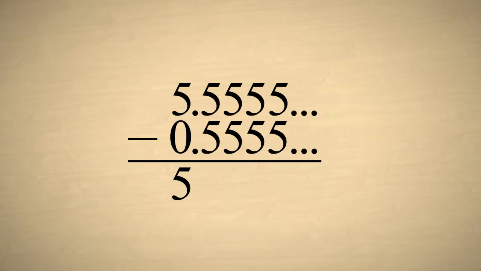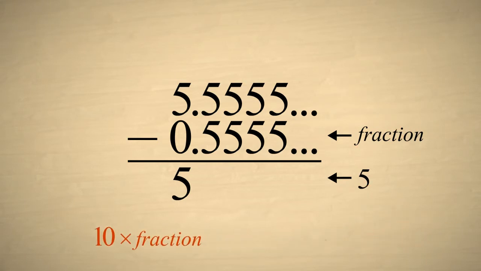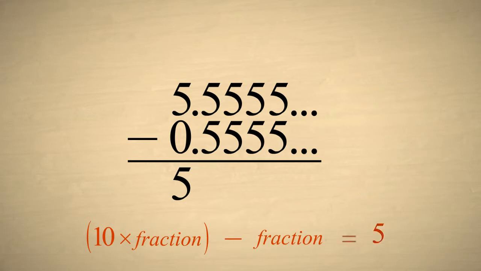We know that our original decimal number is equal to some fraction, but we don't yet know what that fraction is. However, we do know that when it is subtracted from 10 times itself, we get 5. Let's write this statement as an equation. 10 times the fraction minus the fraction equals 5.